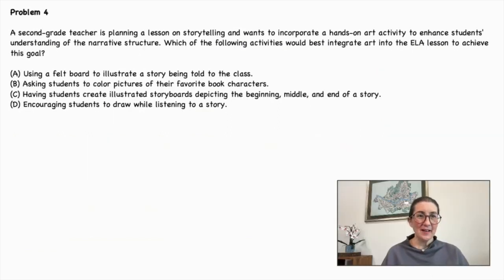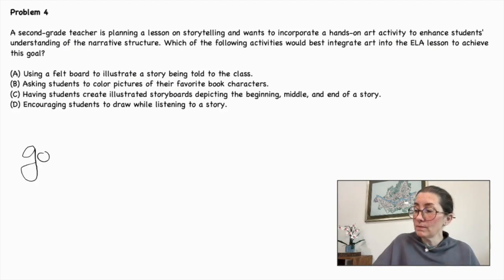Problem number 4. A second grade teacher is planning a lesson on storytelling and wants to incorporate a hands-on art activity to enhance the students' understanding of the narrative structure. Which of the following activities would best integrate art into the ELA lesson to achieve this goal?